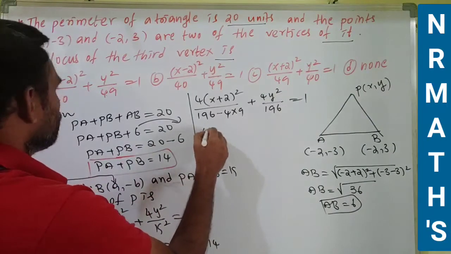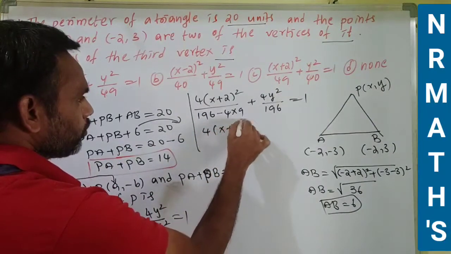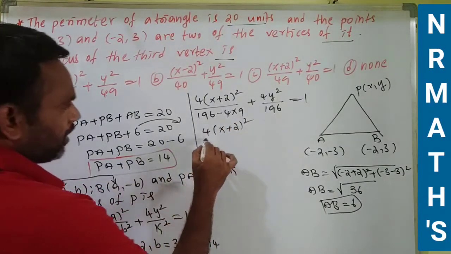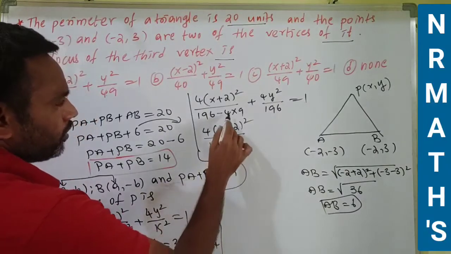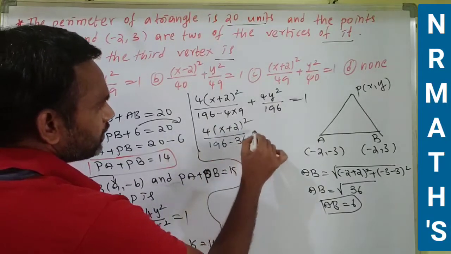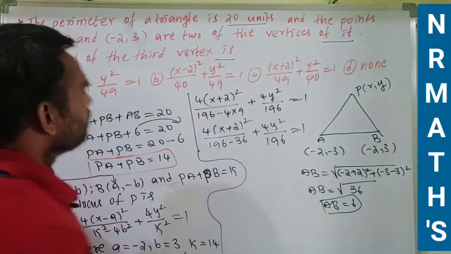Now 4(x plus 2) whole square, denominator is 196 minus 36, plus 4y square by 196 is equal to 1.